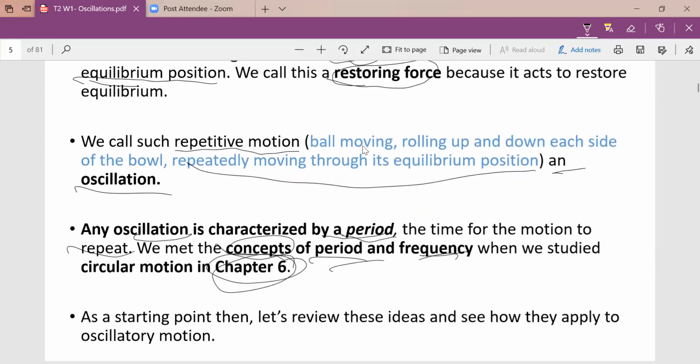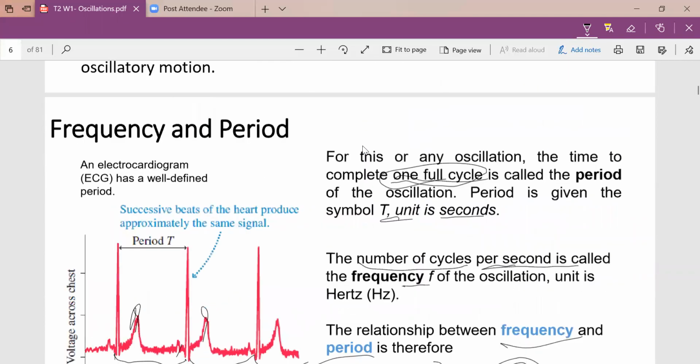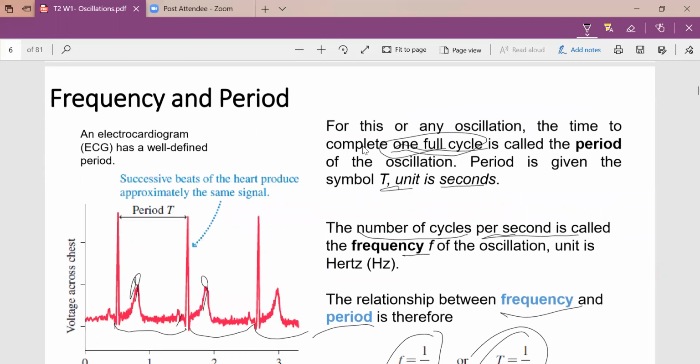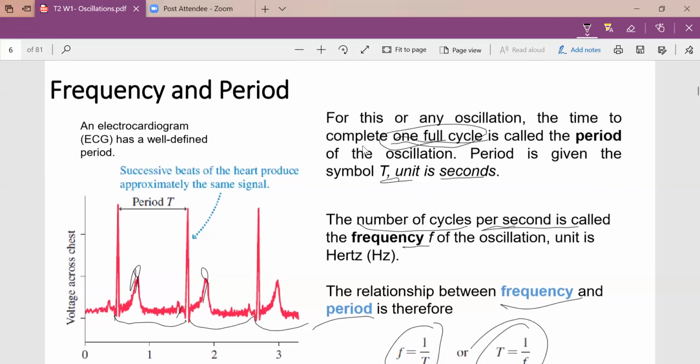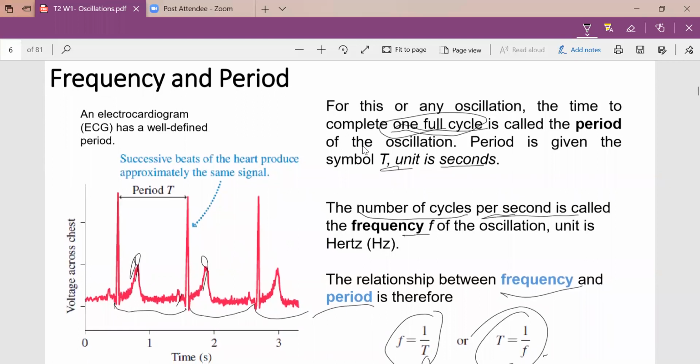Period and frequency's definition did not change, and we'll just quickly look at the definition as a reminder. We know that period and frequency have a relationship in the sense that one is the reciprocal of the other.